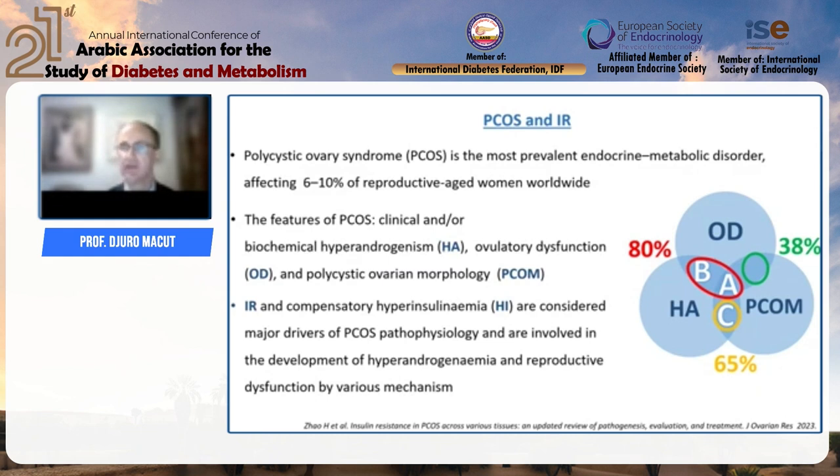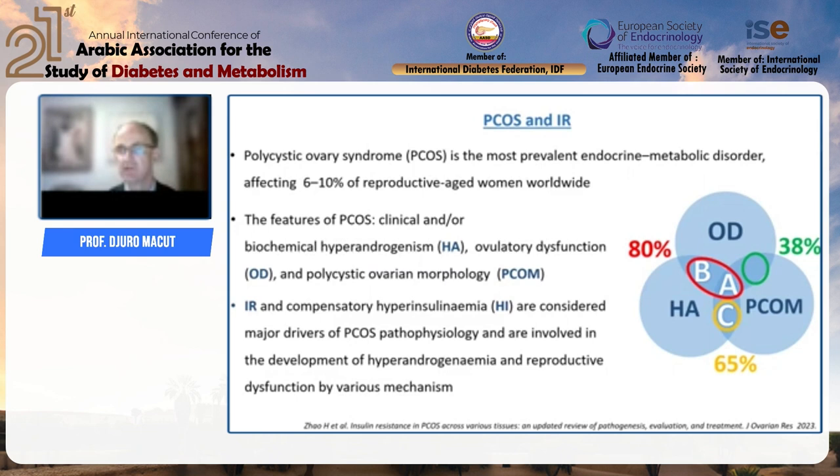That's why on the right-hand side of the slide, you can see the combinations. If we have phenotypes A and B, which include the most potent endocrine features like hyperandrogenism and anovulation, we can say that about 80% of those have insulin resistance.